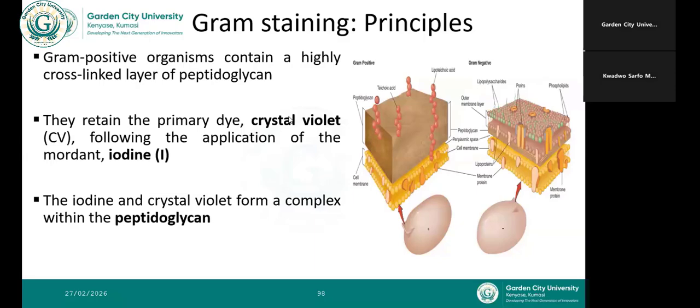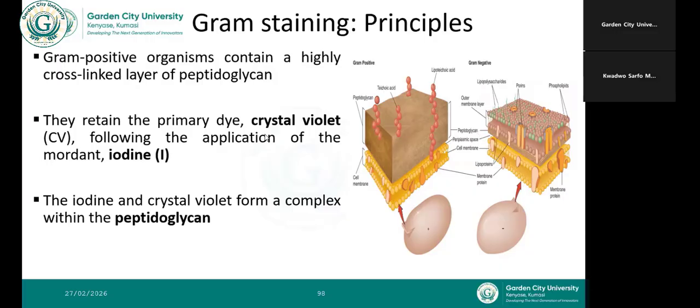The principle is that gram-positive bacteria contain highly cross-linked peptidoglycan layers. On the other hand, gram-negative bacteria contain very thin peptidoglycan layers.